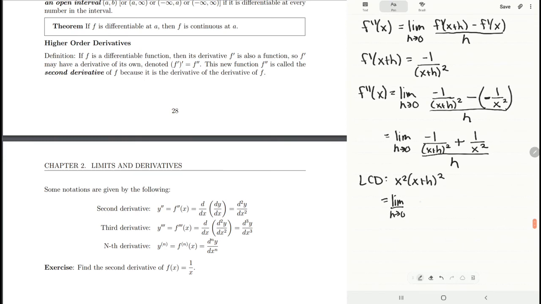So we have negative x squared over x squared times (x plus h) squared. And we multiply the second fraction by (x plus h) squared all over (x plus h) squared. And this is all divided by h.